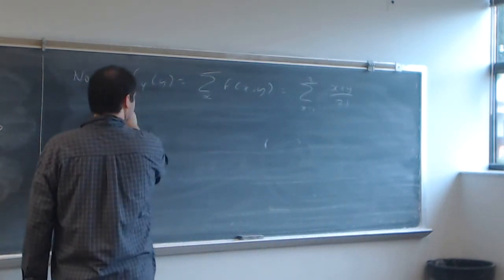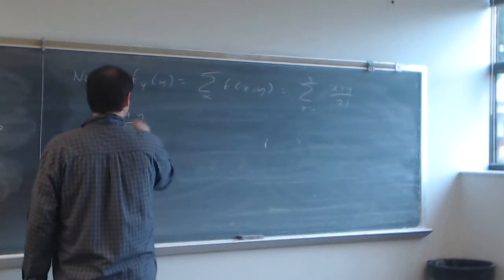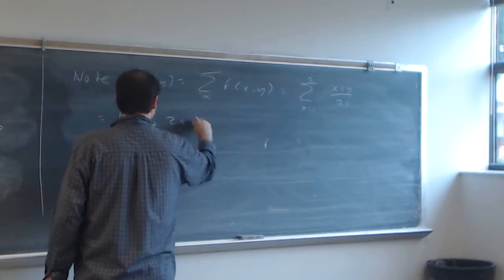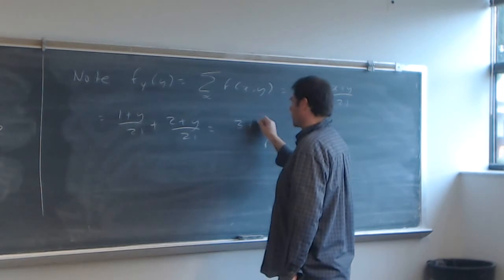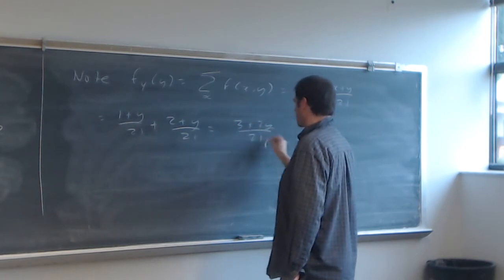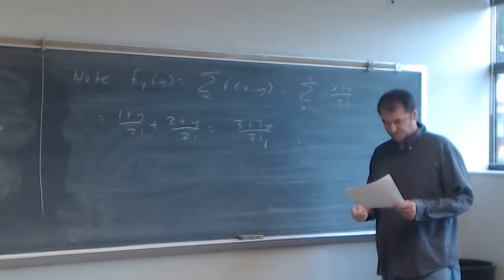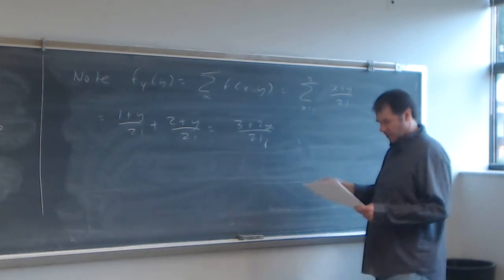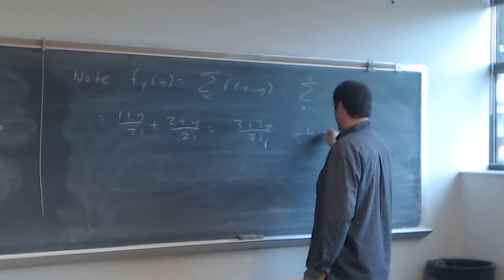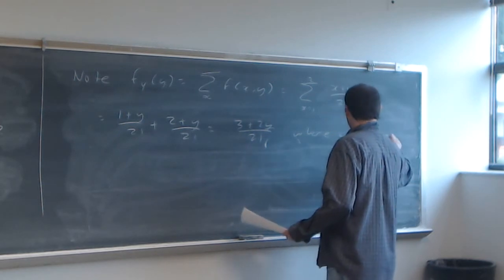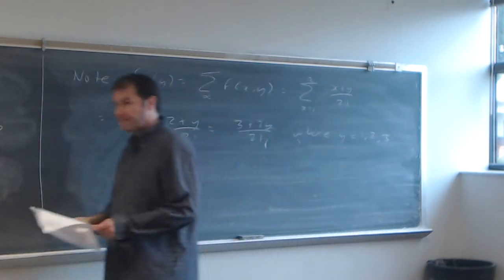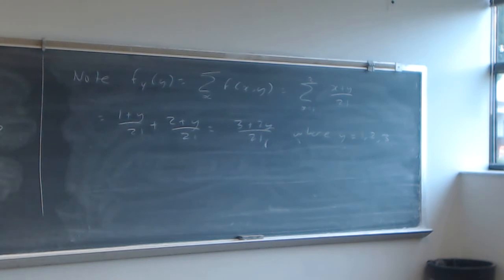This is going to be 1 plus y over 21 plus 2 plus y over 21. So this ends up being 3 plus 2y over 21. That's the answer, where y is equal to 1, 2, and 3. That's how we do that.